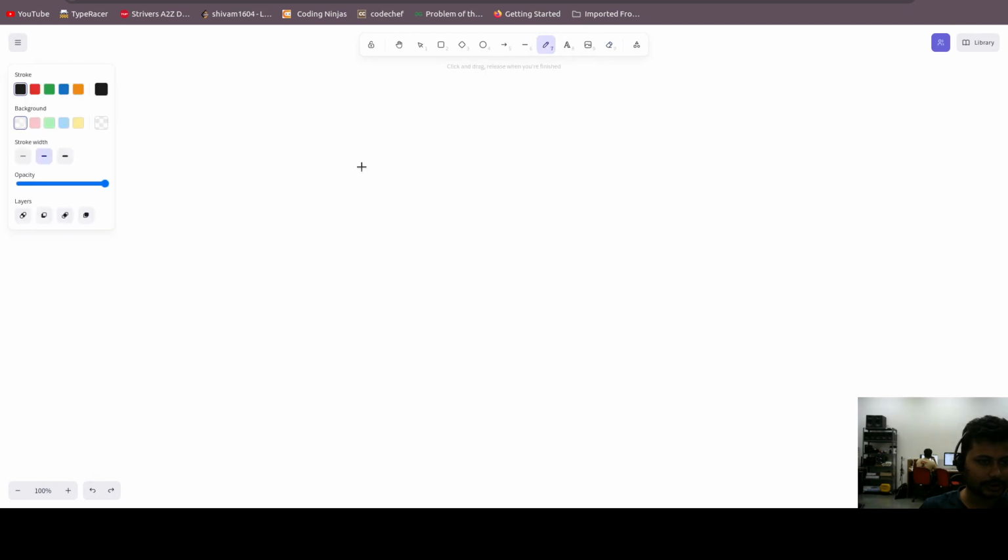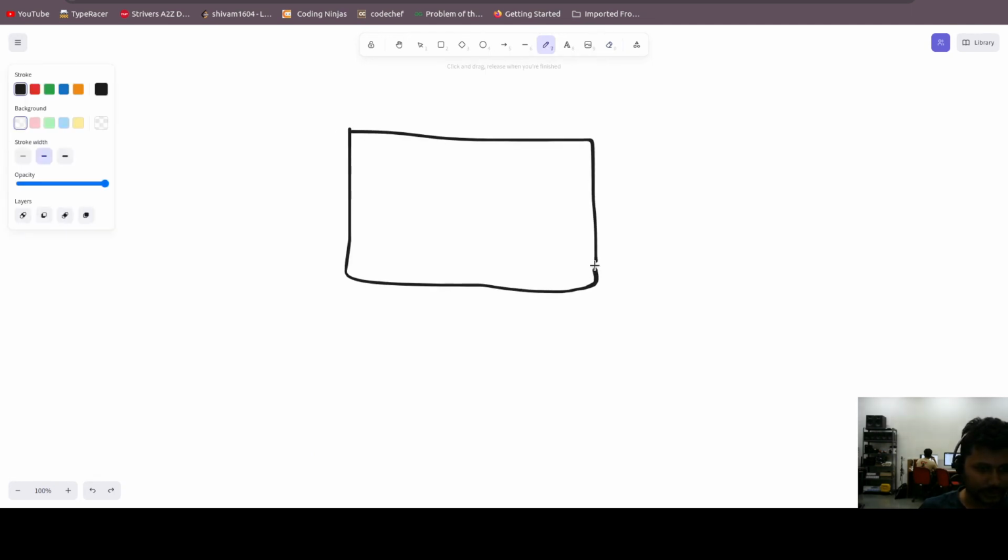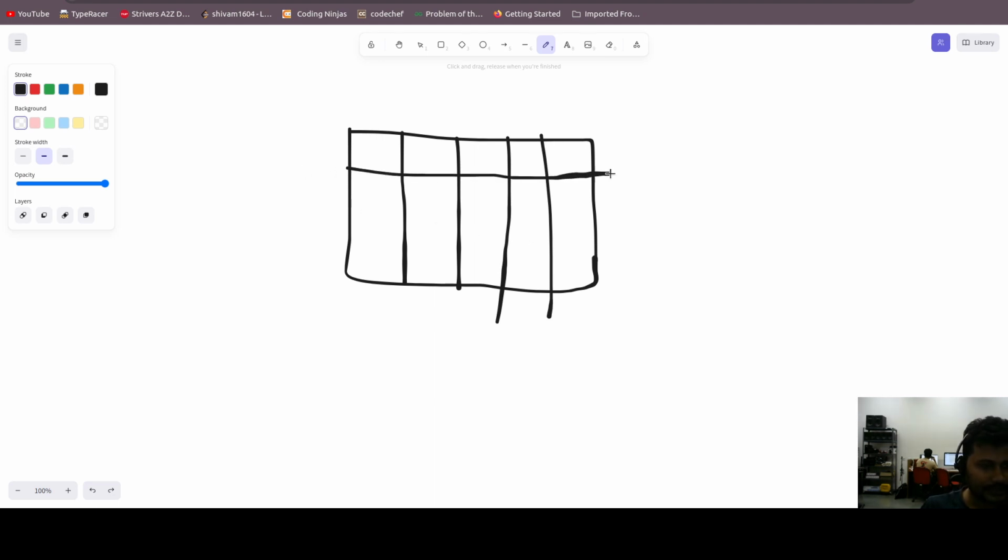Suppose this is the entire area, and these are the lines. Out of these, how many horizontal lines can you remove and how many vertical lines can you remove? They have given their indexes.